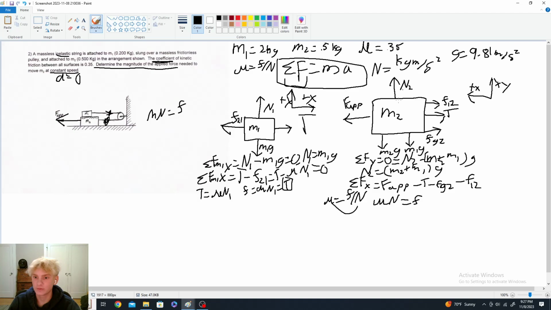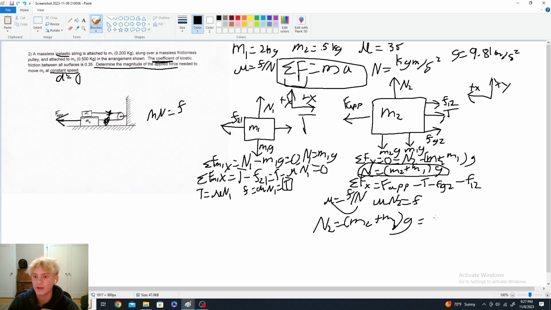This is this N2, right? Because we're talking about the second block here. So N2. Now, how do we calculate N2? If we go back to our equation for the y direction, we have this equation here that N2 is equal to (M2 plus M1) times G.